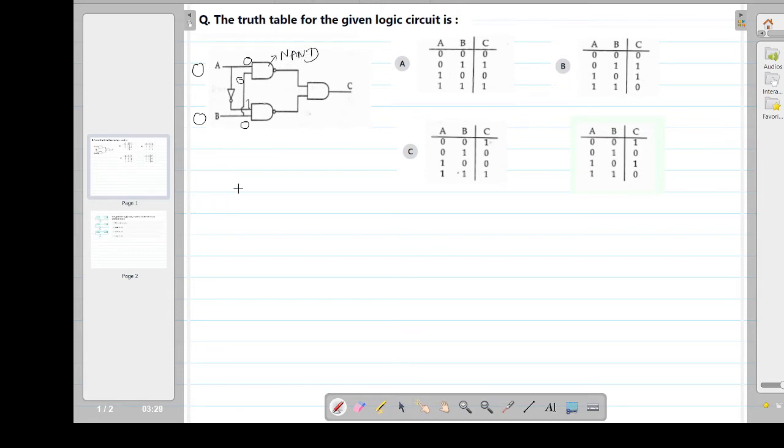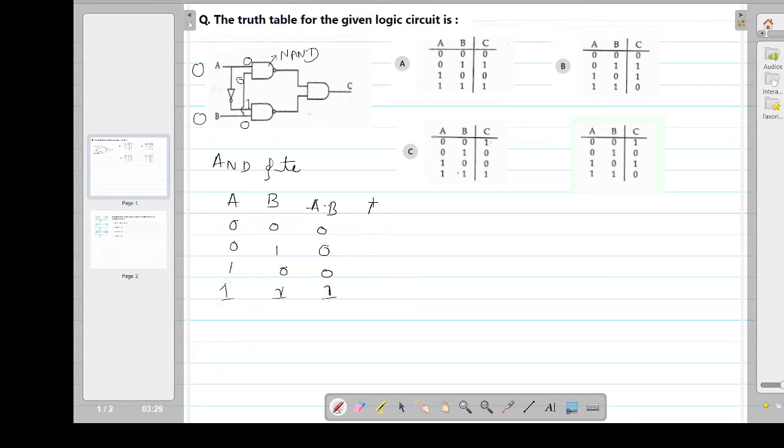Before that, we'll draw the truth table of the AND gate. We all know for an AND gate, when input 0 0 is there, the output will be 0. 0 and 1 also gives 0. 1 and 0 will be 0. Only when both the inputs are 1 1, then we get the output 1.